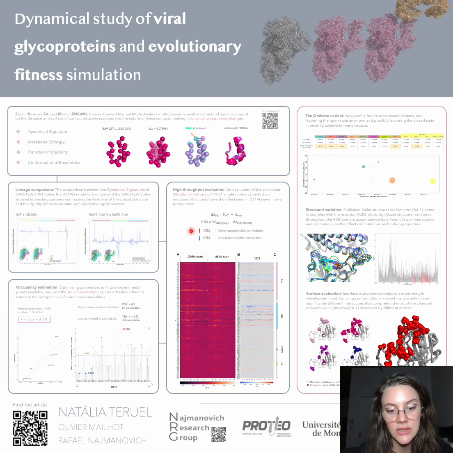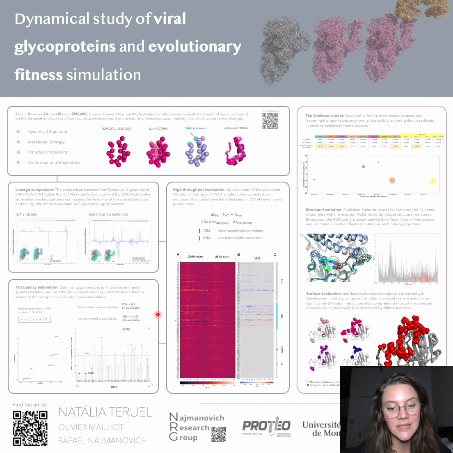So the VDS was a measure that we created to consider both the delta vibrational entropy for the closed and the open conformations. So we took our top candidates as more transmissible candidates with higher VDSs, so making the closed structure more flexible and the open structure more rigid, to do open occupancy estimation.